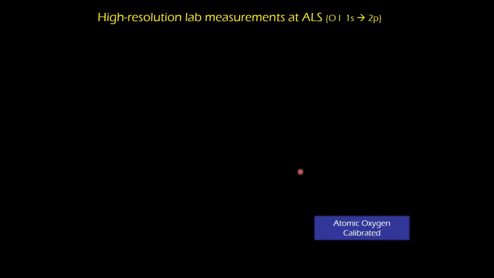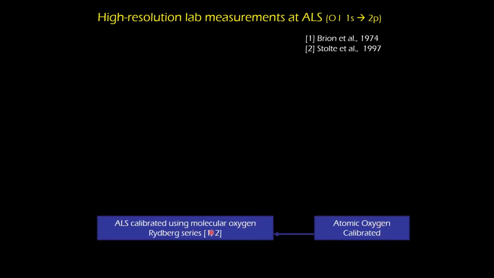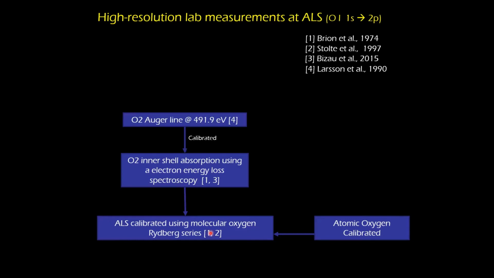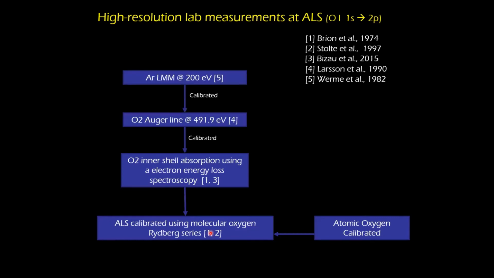So we decided to investigate this problem and dig a little further into how the calibration was done. At ALS, the atomic oxygen was calibrated using molecular oxygen. The ALS beamline was calibrated with the molecular oxygen Rydberg series, which was calibrated from numbers in an older paper on inner-shell absorption, and that was calibrated using something else, and so on.